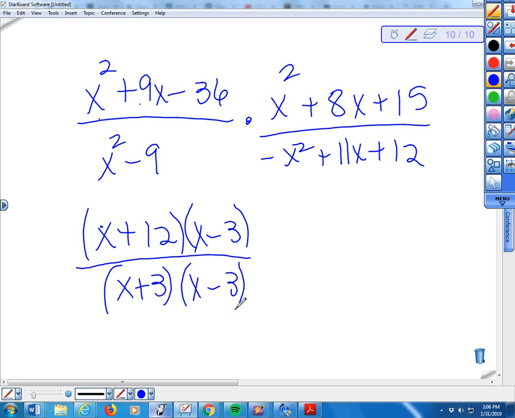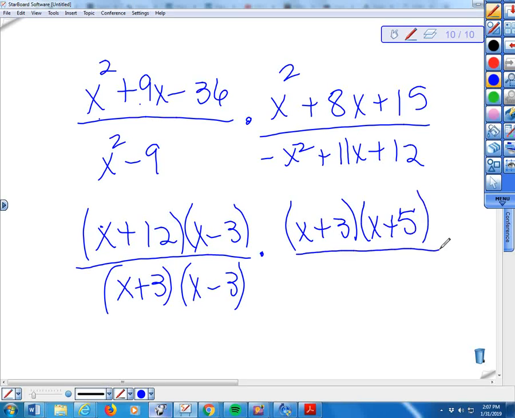Okay, let's keep going. Factor the numerator over here. What's that? Yeah, let's factor out a negative 1 here and make this negative x squared minus 11x minus 12.